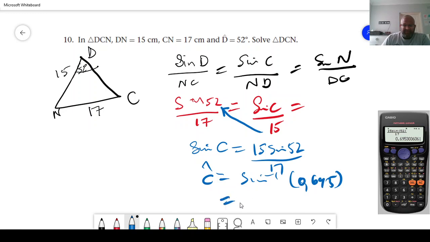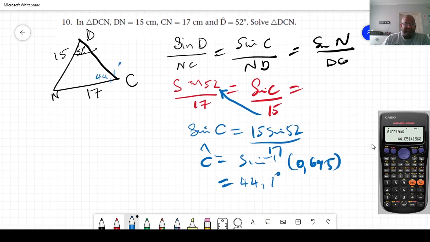Of course, the number carries on. So angle C is the arc sine of that answer, which is the last answer calculated, and it gives us 44,1. Okay, so let's just fill this in here. So it's 44,1. Okay, so in other words, at this point now I can calculate N.